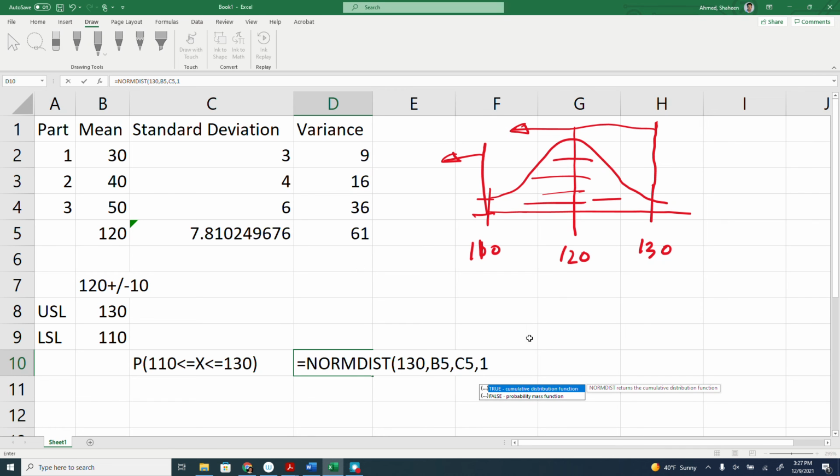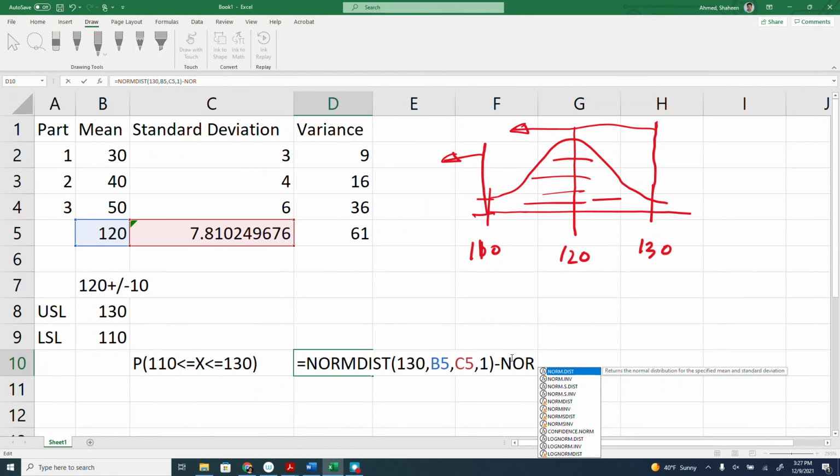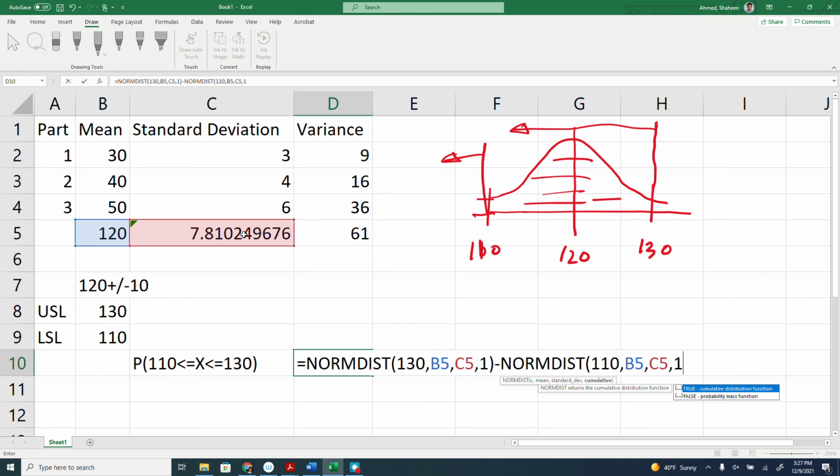And then we can similarly find the probability up to 110. So NORM.DIST, and then x would now be 110, comma the mean, comma the standard deviation, and then cumulative, 1 or 2, whatever you want to write.